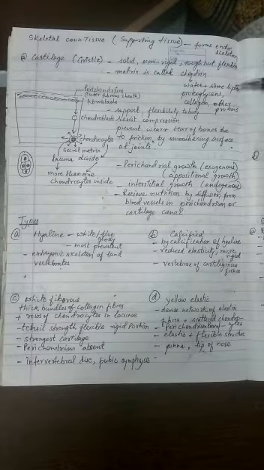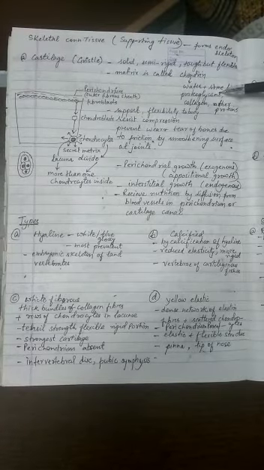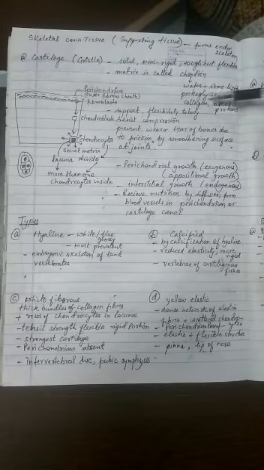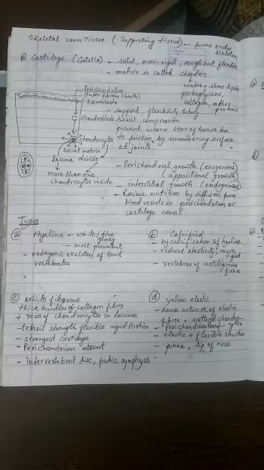Some lipids are also there, and proteoglycans are also there. Remember, proteoglycan is formed when protein and polysaccharides are joined through certain bond formation. Then we have collagen and other proteins. All these things join together to form the chondrin.